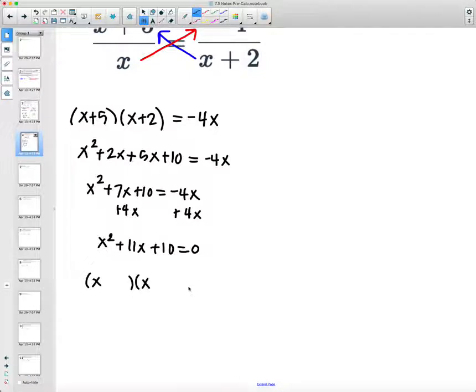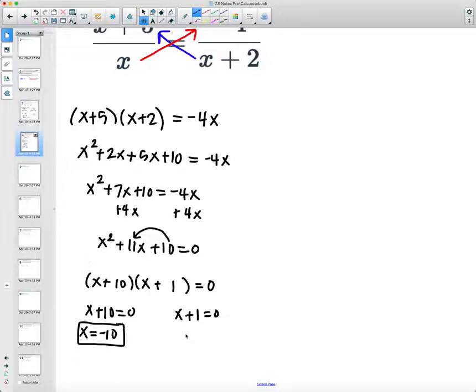We're looking for the factors of 10 that also add to 11, which are positive 10 and positive 1. Then we can solve here. x plus 10 equals 0, x plus 1 equals 0. Subtract 10 from both sides and you get x equals negative 10. Subtract 1 from both sides and you get x equals negative 1.